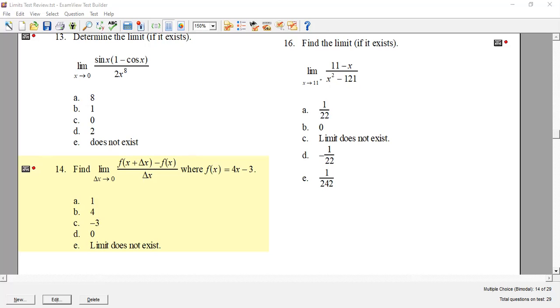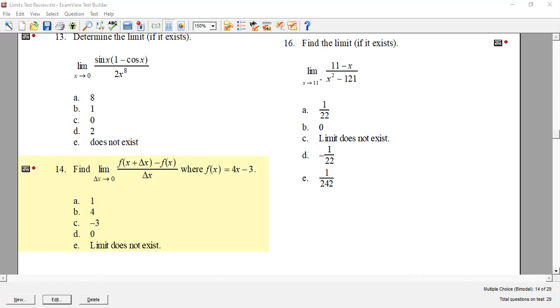So we're going to distribute our 4. Remember, I told you you can change delta x to h if you don't like looking at that triangle, that's fine. So 4x plus 4 delta x minus 3. This is why it's important to put the parentheses. You have to distribute that to negative 4x plus 3, all over delta x.